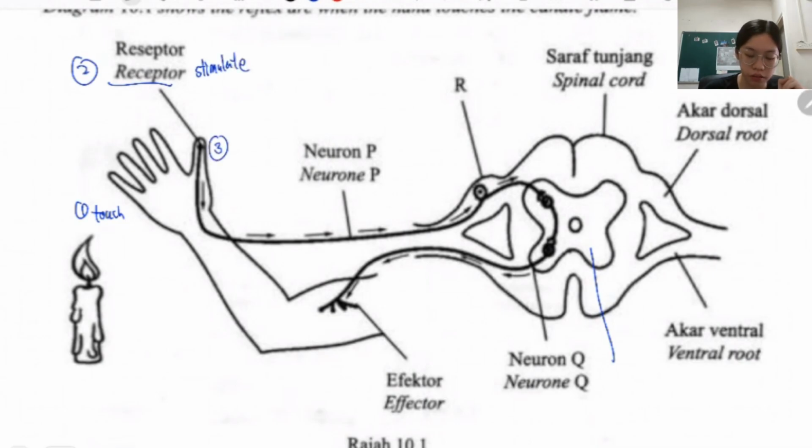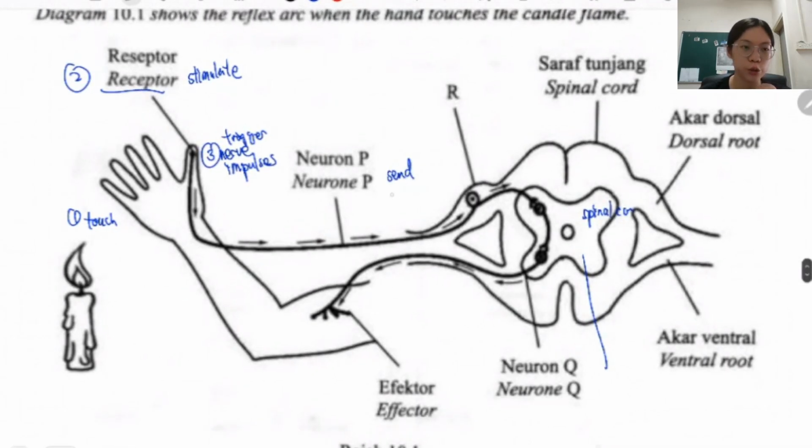And then you talk about the nerve impulse being triggered. This is the third point: trigger nerve impulse. You send the nerve impulse to your spinal cord right here. So you send the nerve impulse through this neuron.